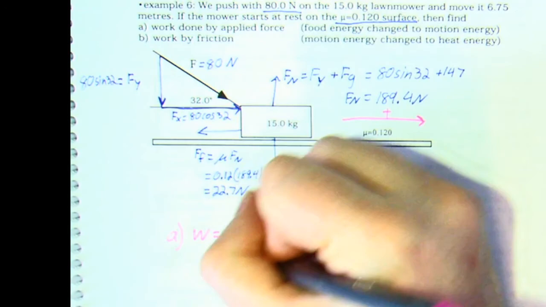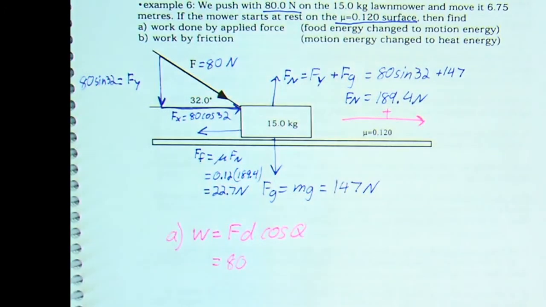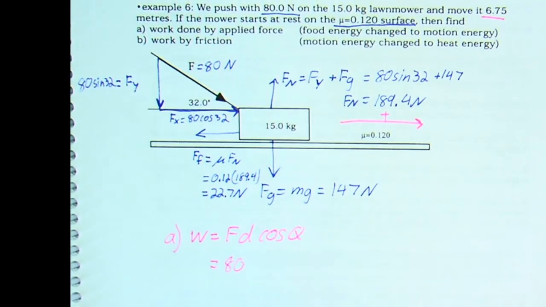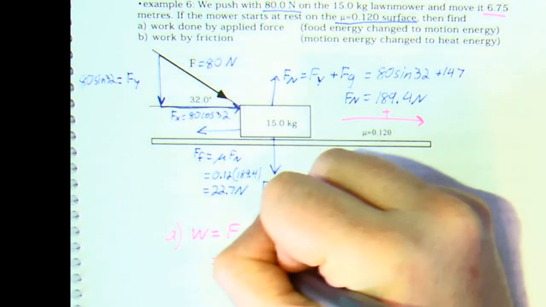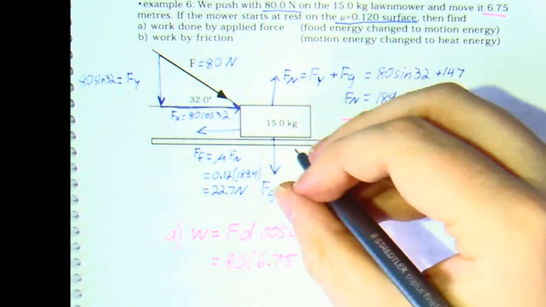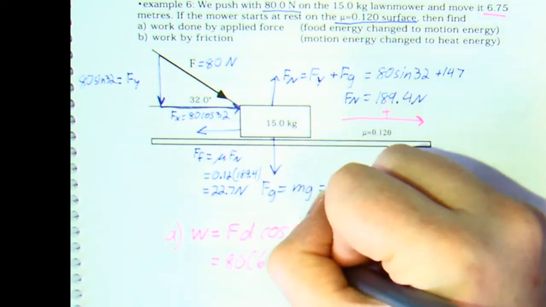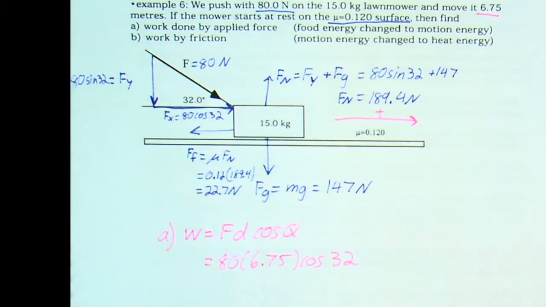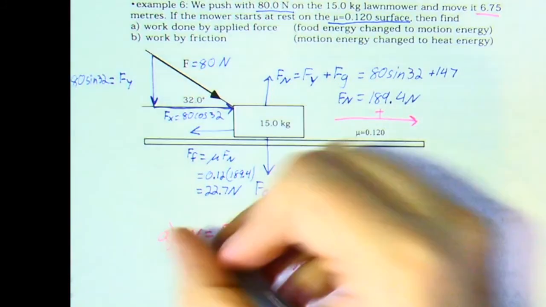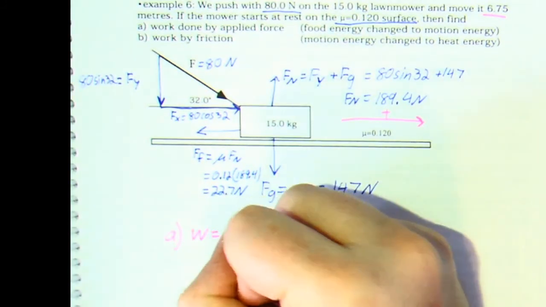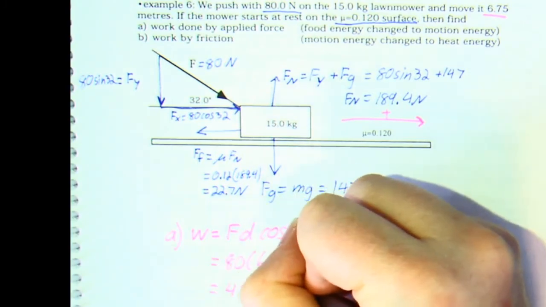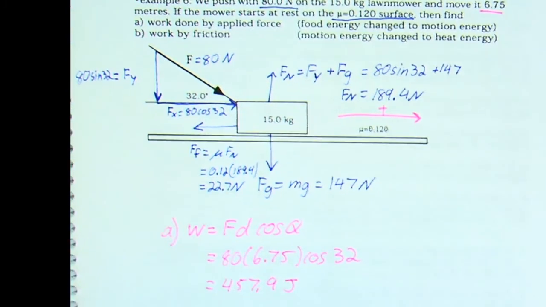So we're going to have 80. Do we know how far this thing moved? We know that this thing moved 6.75 meters. So 80 times 6.75 times the cos between my force and the displacement, so that's 32 degrees. That's going to give me a work done of 457.9 joules, or newton meters. That's A.